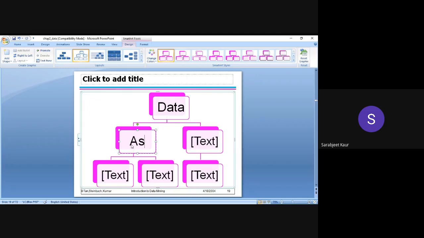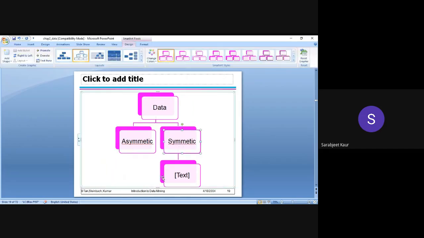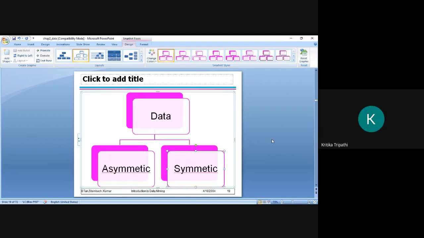So data could be asymmetric or symmetric. Is this clear to everybody? Any problem so far?